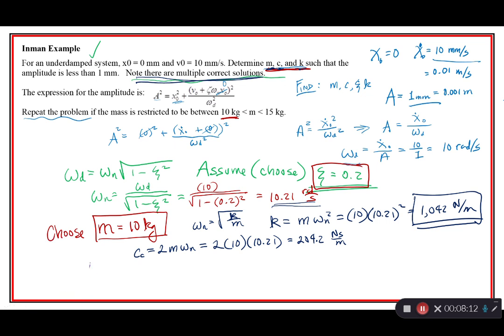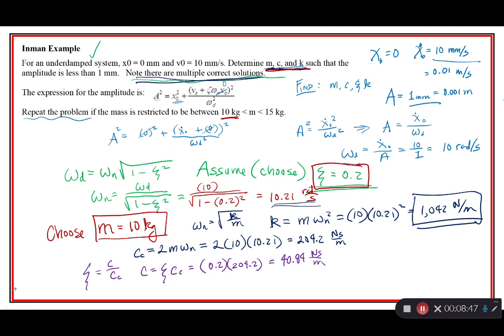So the damping factor is C over C_c, so C is going to be equal to zeta times C_c. We already had that, well, we actually assumed it: 0.2, times 204.2. So we're left with 40.84 newton seconds per meter.